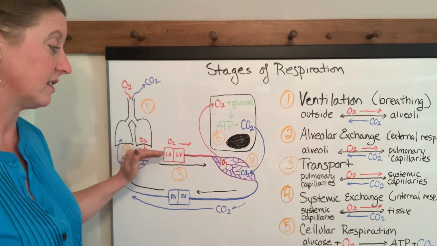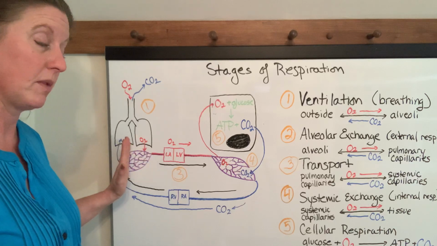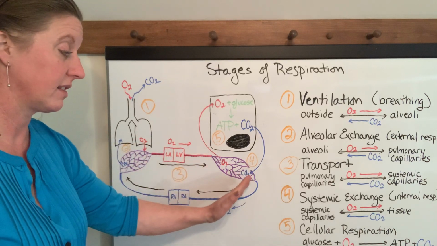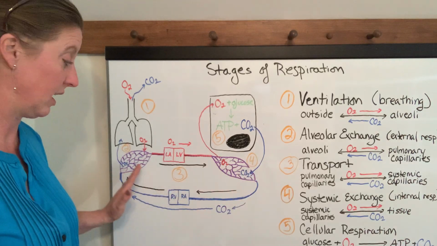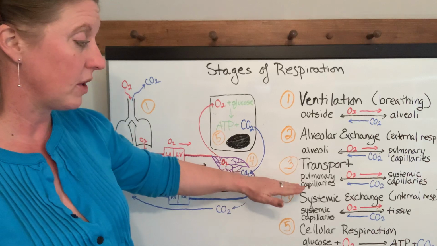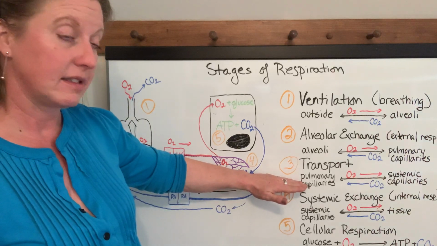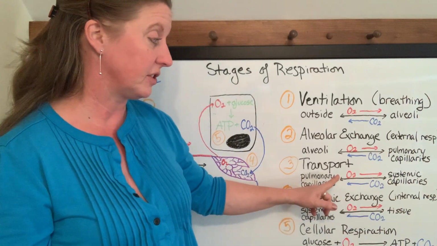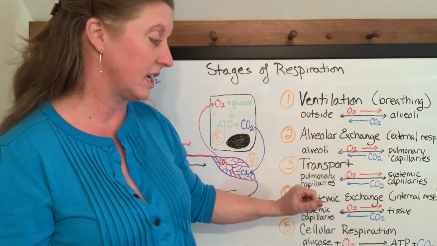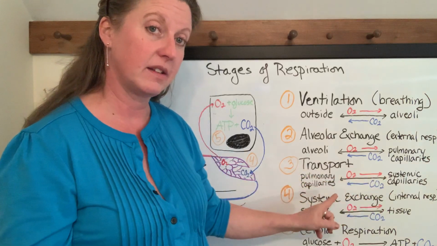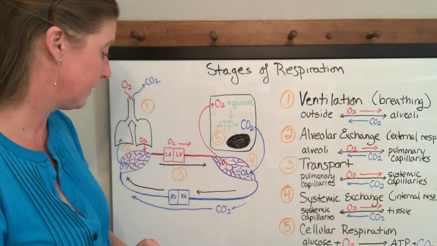The oxygen comes from the pulmonary circuit to the systemic circuit, and the carbon dioxide comes from the systemic circuit and goes to the pulmonary circuit. So this is transport. It's movement of the gases between the pulmonary capillaries and the systemic capillaries, and just like we've seen in each stage before this, oxygen moves in one direction and carbon dioxide moves in the other direction.